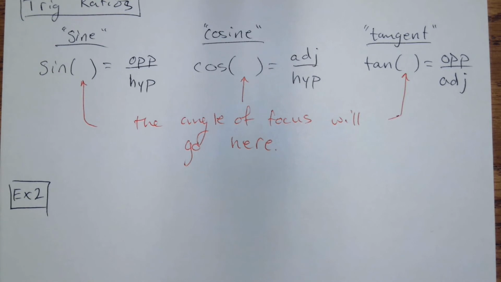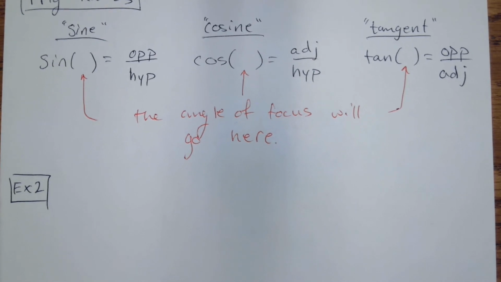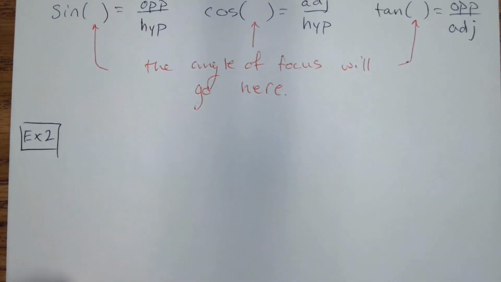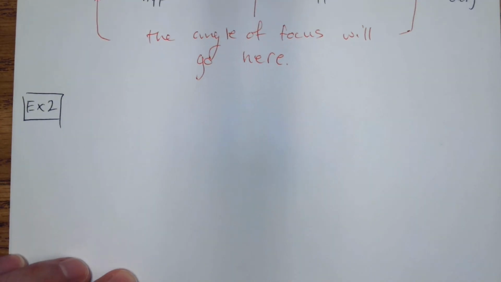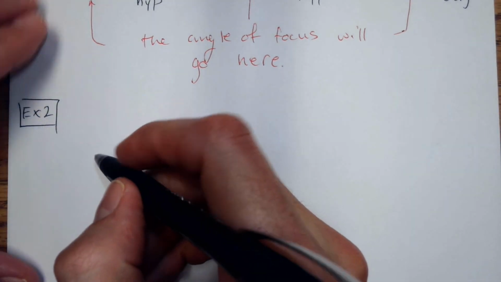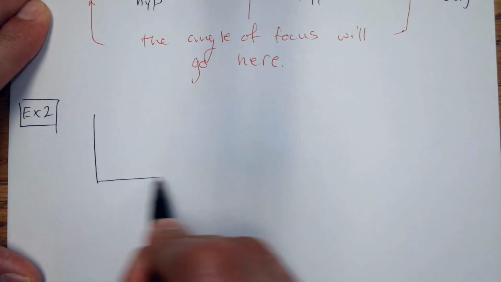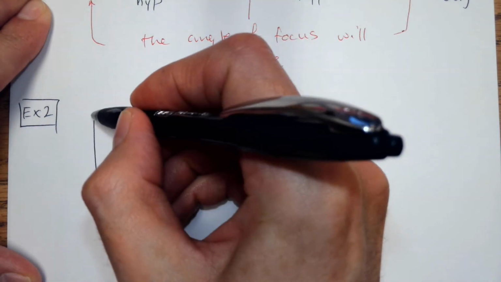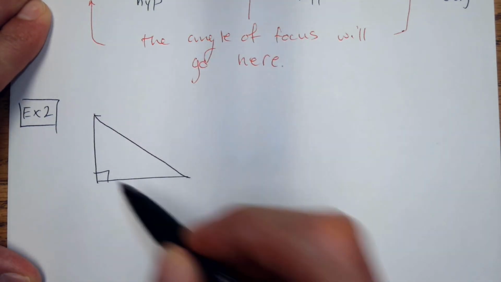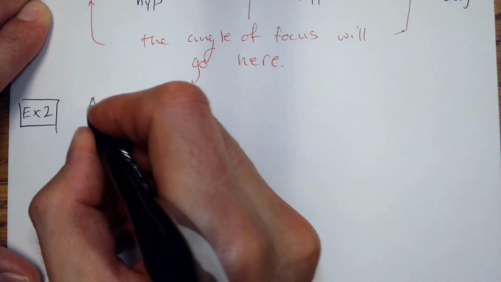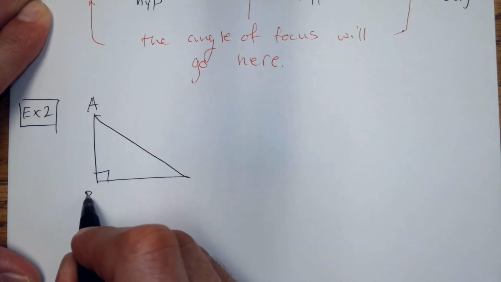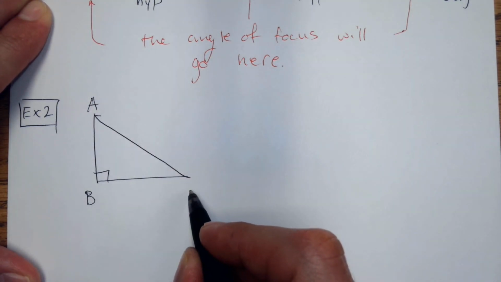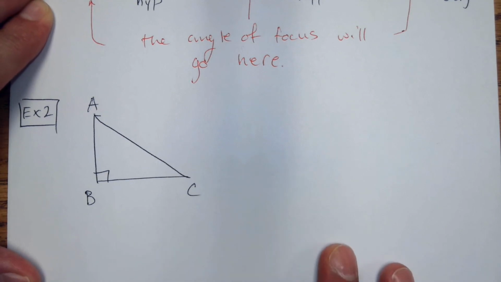Example 2. So what I want you to do is draw this triangle that I'm going to draw. It's a right triangle, or it's supposed to be a right triangle. A is the top vertex, B is the right angle, C is the right vertex.